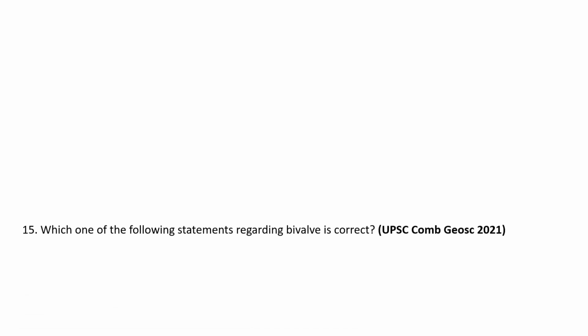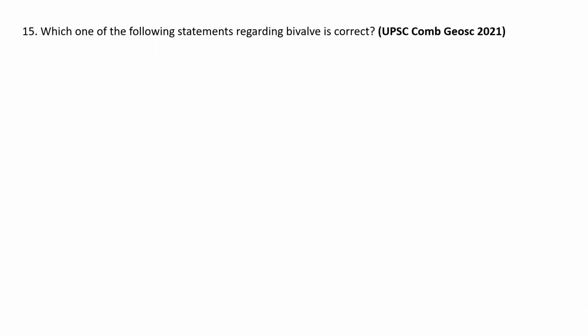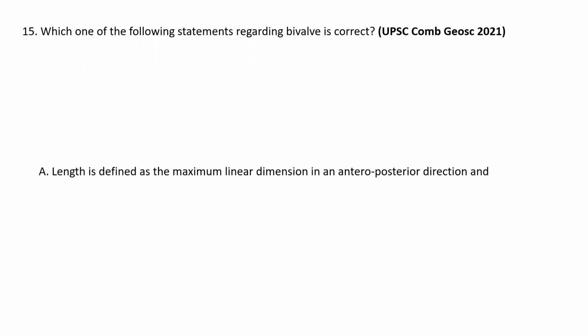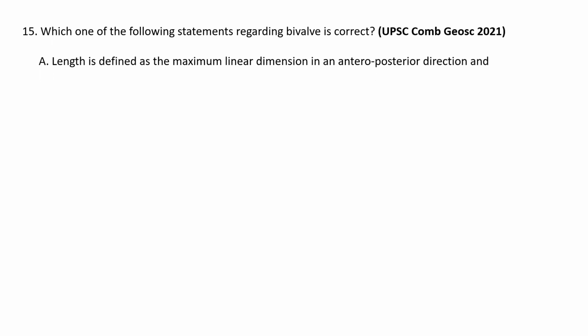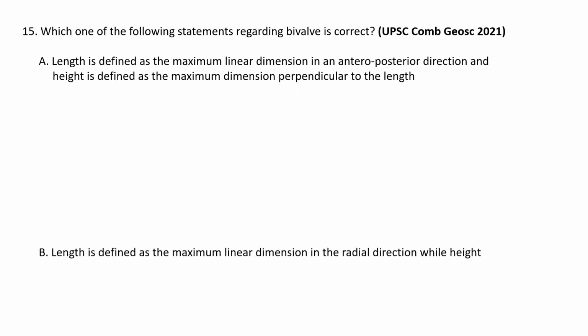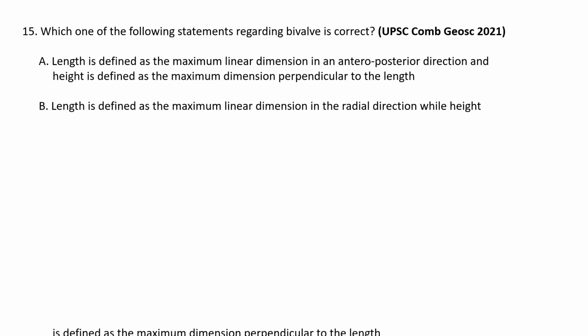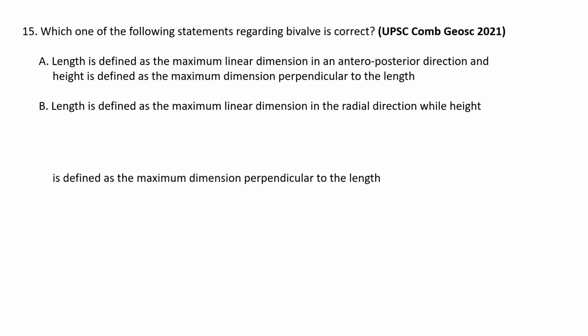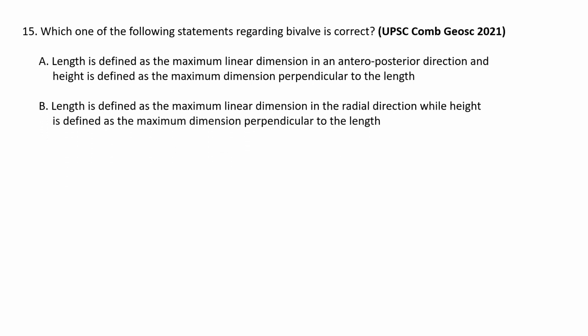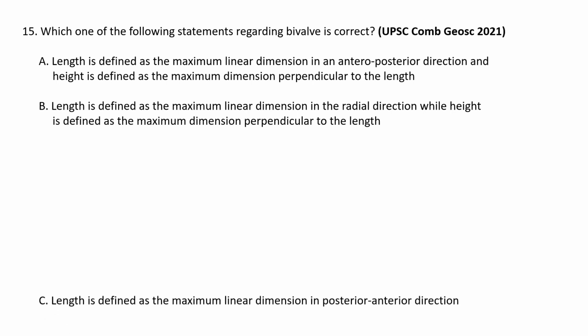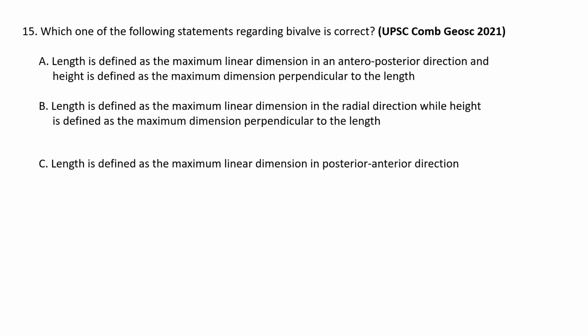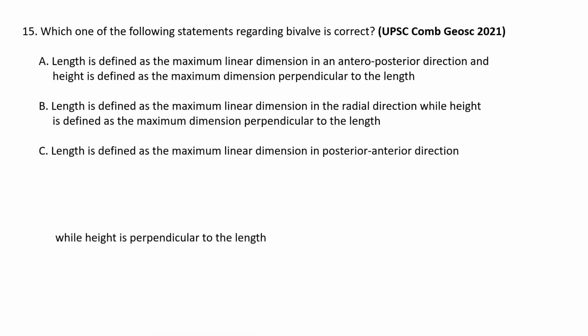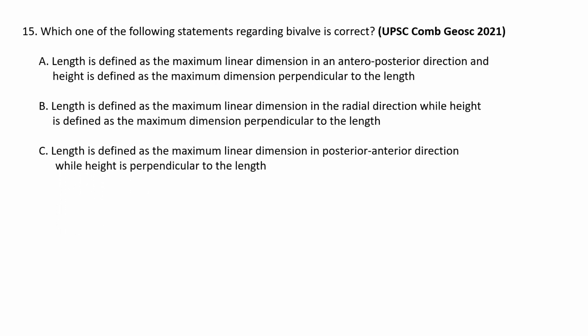Next question. Which one of the following statements regarding the bivalve is correct? A. Length is defined as the maximum linear dimension in an anterior-posterior direction, and height is defined as the maximum dimension perpendicular to the length. B. Length is defined as the maximum linear dimension in the radial direction, while height is defined as the maximum dimension perpendicular to the length. C. Length is defined as the maximum linear dimension in posterior anterior direction, while height is perpendicular to the length.